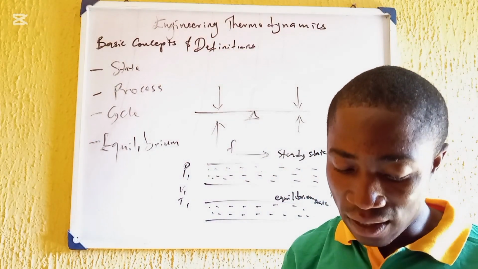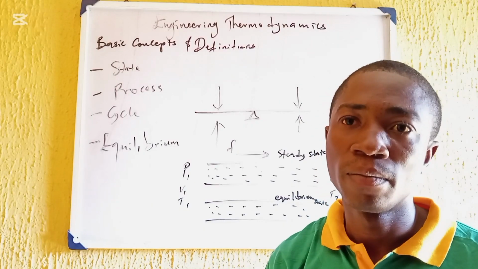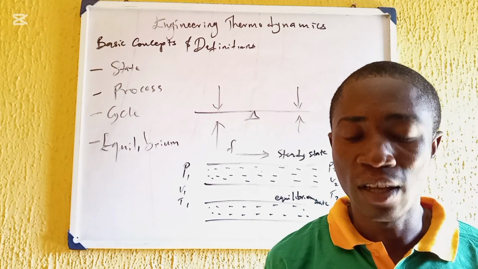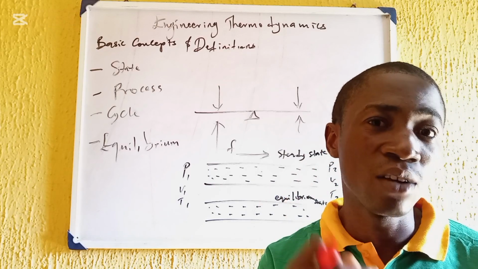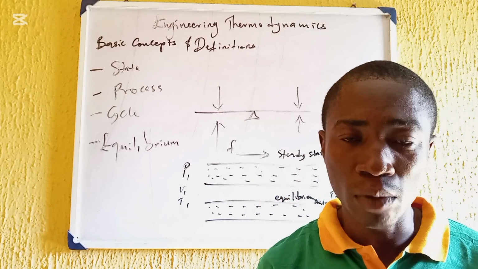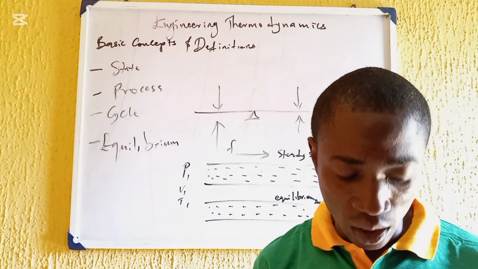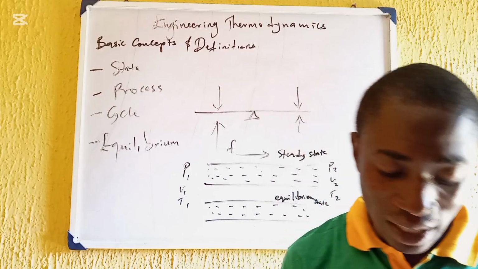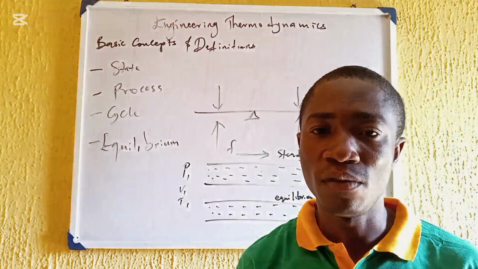Then the system's chemical composition does not change with time. So for a particular period of time, as long as the chemical composition of the system does not change and there are no chemical reactions, then we can say the system is in chemical equilibrium.